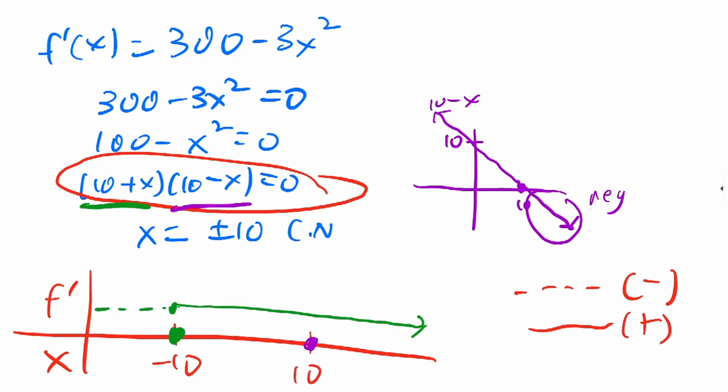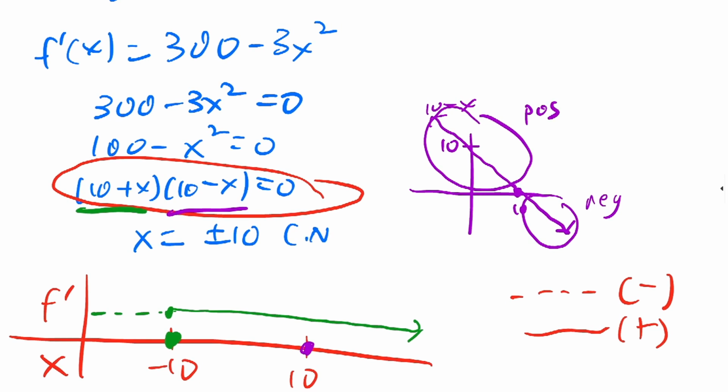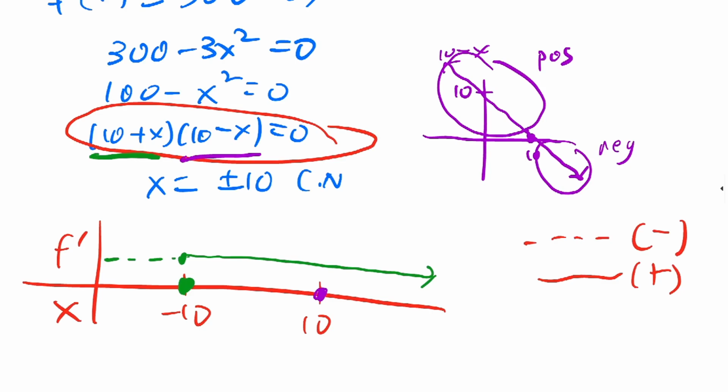Just graphically showing. So everything to the left of 10, all x values to the left of 10, will have positive y values. So that's why we're going to do a filled-in line up until 10 to represent it's positive to the left of x equals 10 for the purple function, and negative after, right?